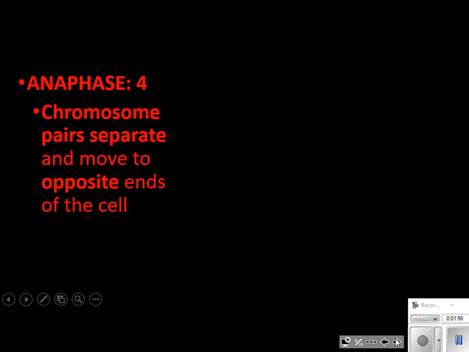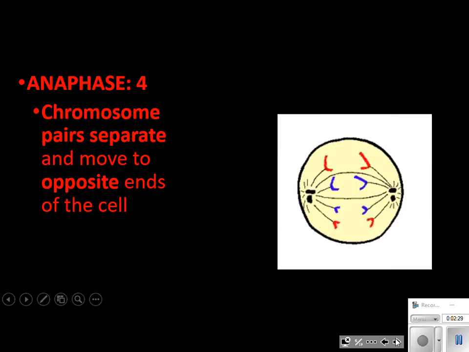What we're going to see here is that those X's are starting to break apart, if you will. So where we had the centromere, and where they were lined up on the equator, they are being almost like pulled to each end of the cell. So here is the diagram that you need to draw in your box number 4.